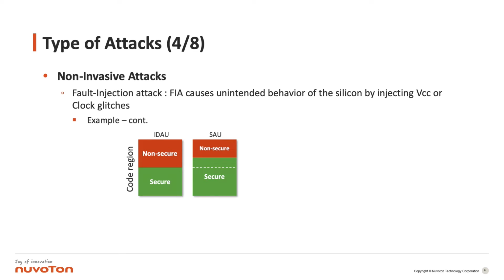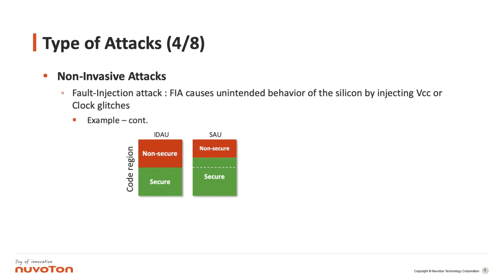IDAU is a hardware setting and cannot be changed. For example, IDAU of M2351 uses the 28th bit of the address to distinguish secure and non-secure world. If the 28th bit is 0, the address belongs to the secure world. Otherwise, it is a non-secure world address.